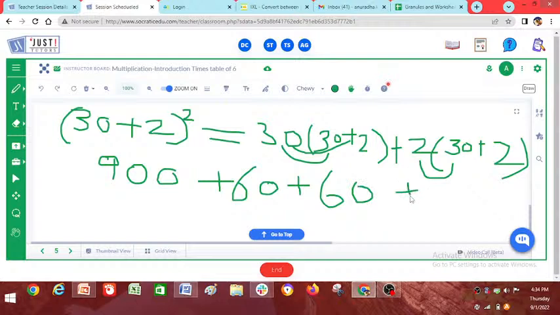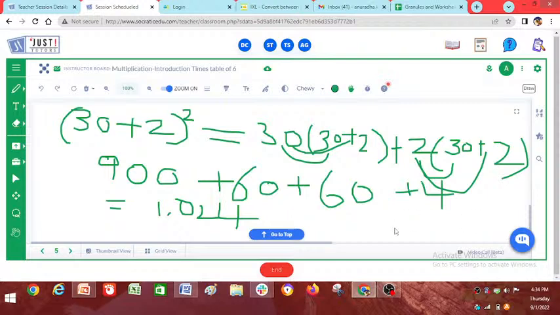And then we are left with the last number, 2 times 2, that will give you 4. And when we add 900 plus 60 plus 60 plus 4, we would get 1024. So this is how we need to solve this problem.